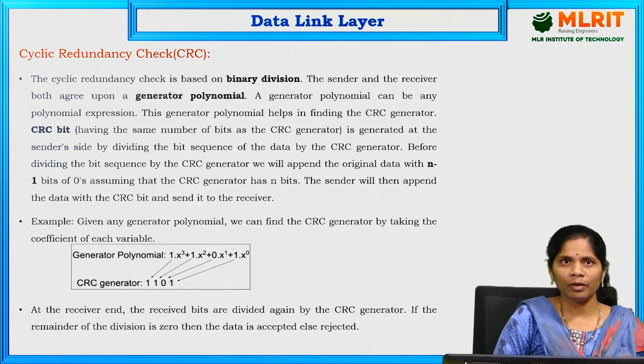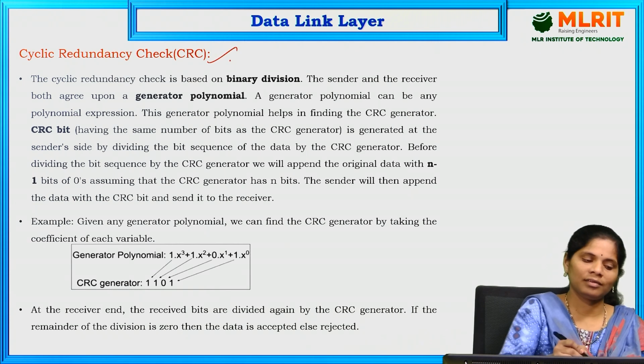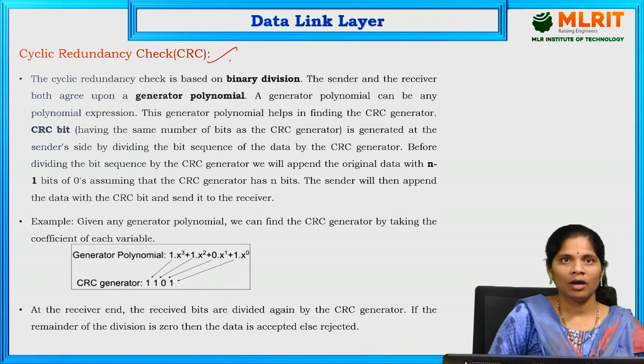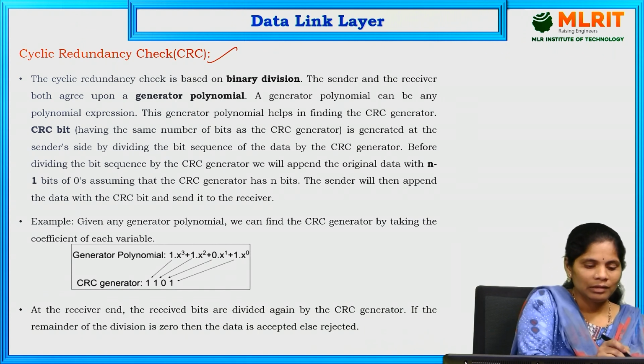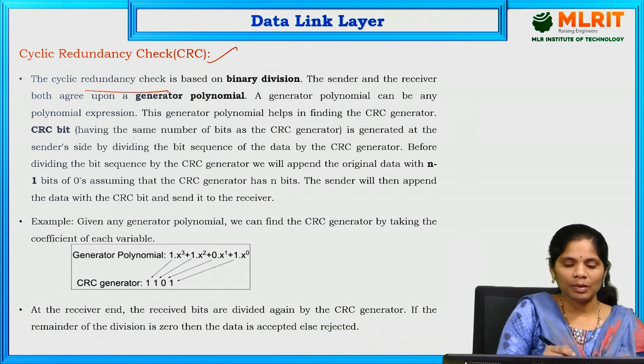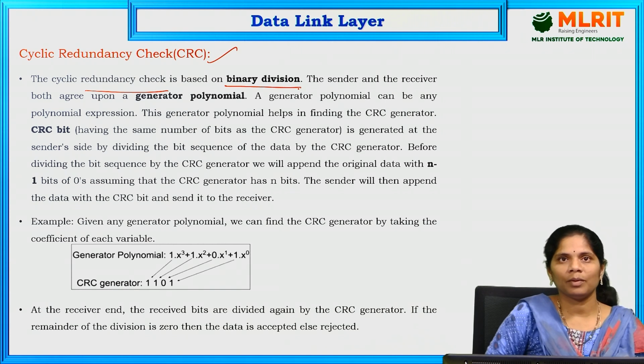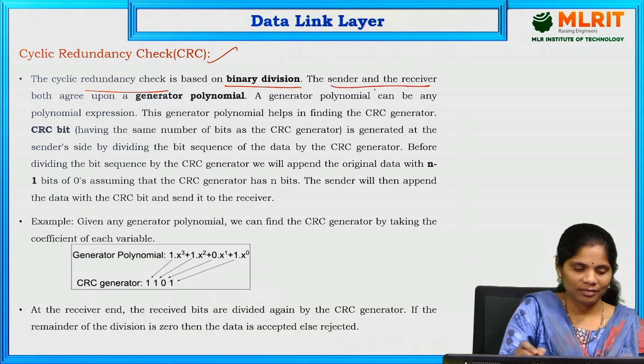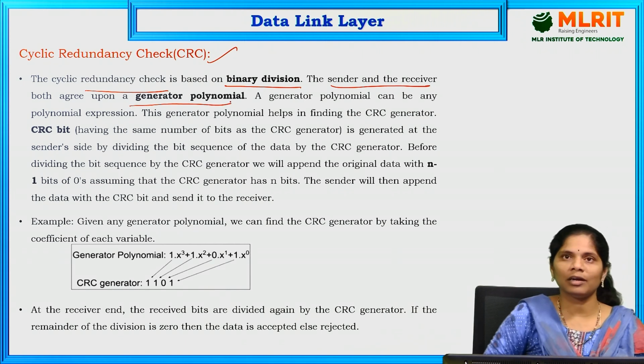And coming to the last error detection technique, the CRC, cyclic redundancy check. How we are going to do the error detection using the CRC, we will check now. Cyclic redundancy check is based on the binary division. Based on the binary division only we are doing the CRC. So the sender and the receiver both agree upon a generator polynomial.